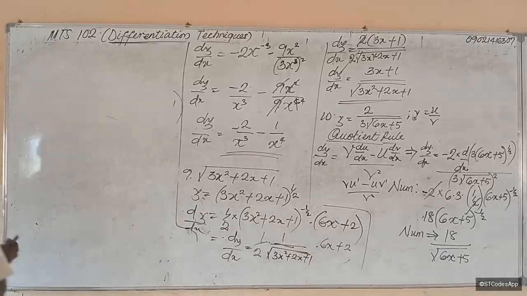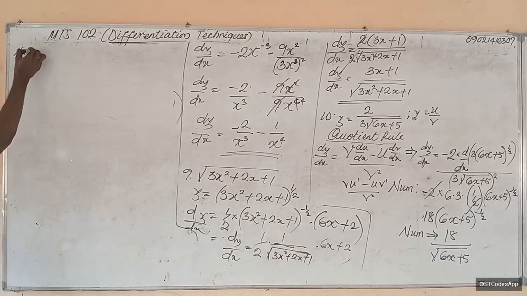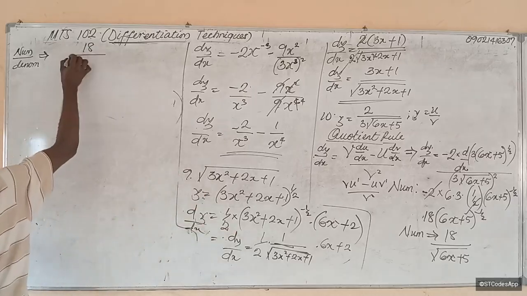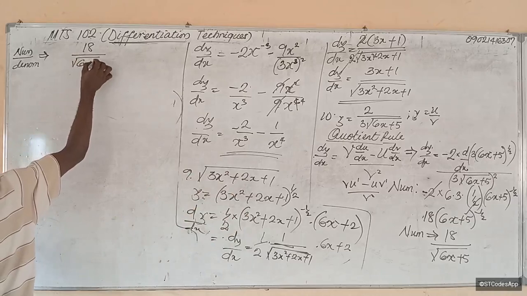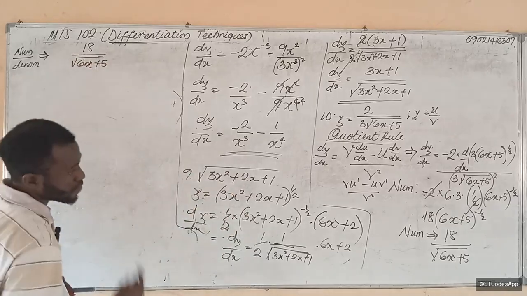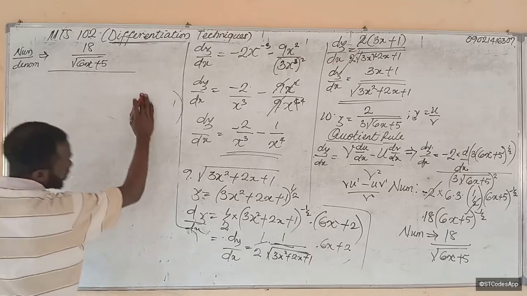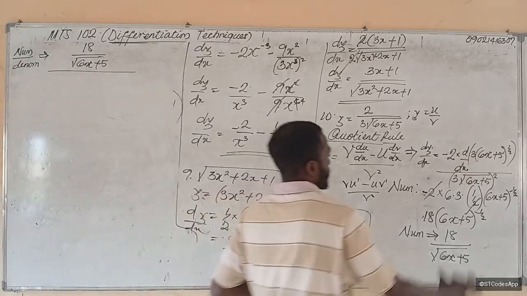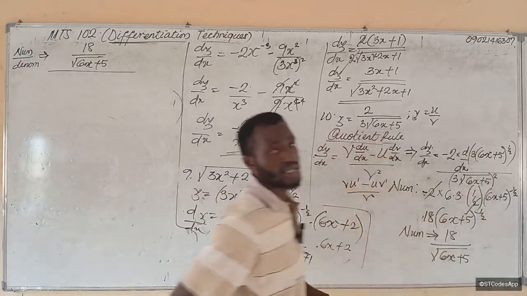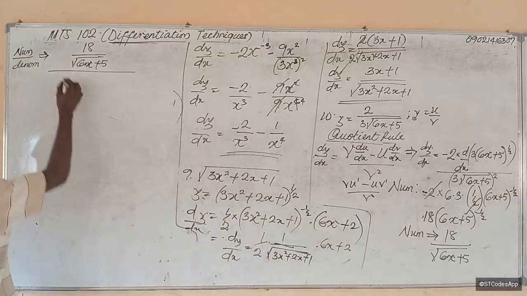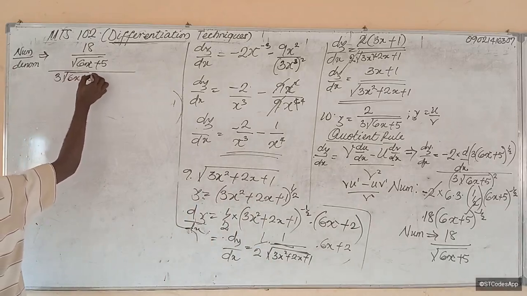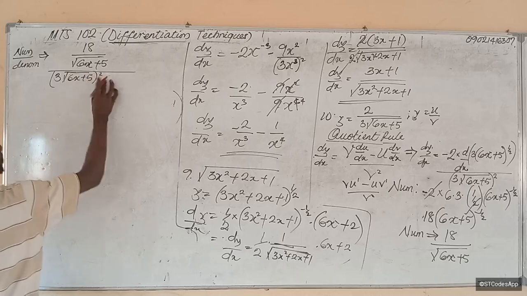By the time we bring in the denominator, numerator over denominator becomes, our numerator is now 18 over the square root of 6x plus 5, okay? Then all over our denominator, which is this guy, 3 root 6x plus 5, everything squared, okay?